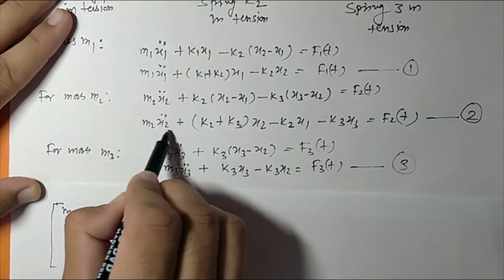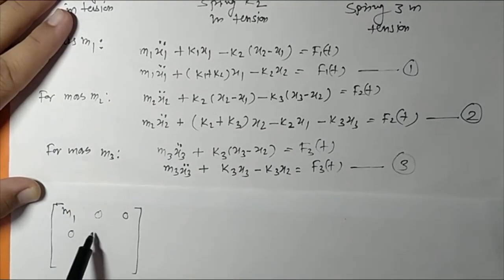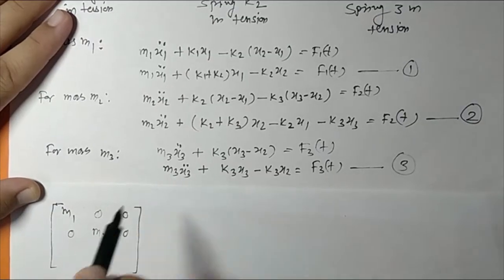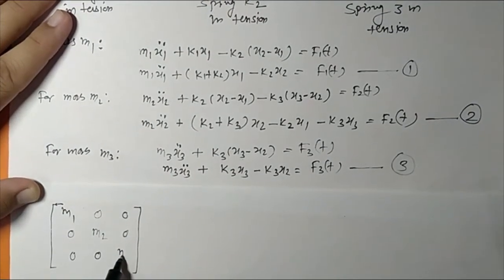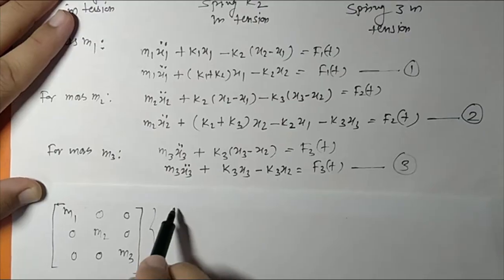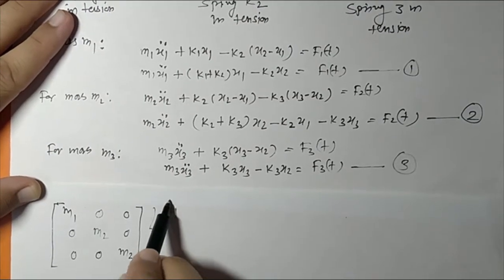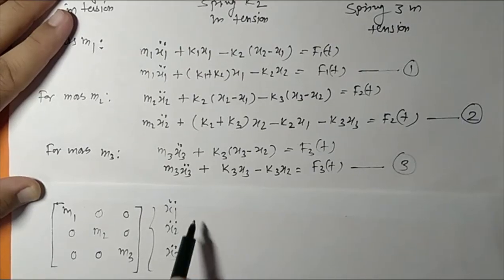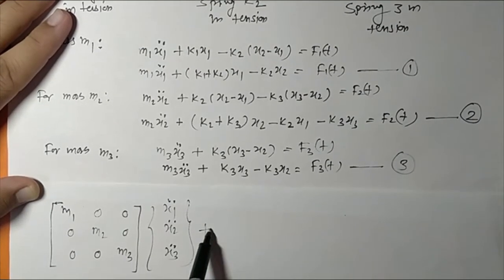From here this is m2 x2 double dot, so 0, m2, and this is m3 x3 double dot, so 0, 0, m3, and this is acceleration vector x1 double dot, x2 double dot, x3 double dot.